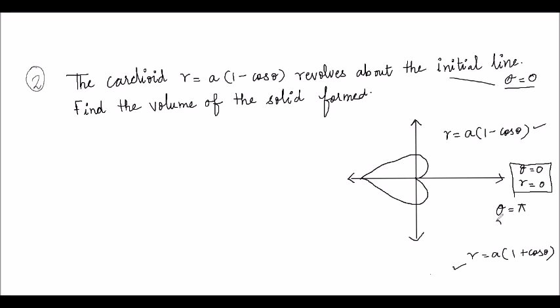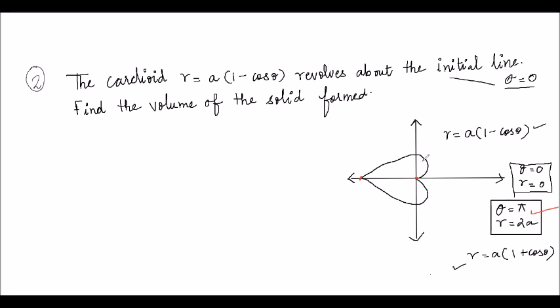In that case, r will be 2a. So if I name these points, at this point theta is 0, r is 0. And at this point here, theta is pi and r is 2a. So we are revolving the area bounded by this cardioid about the initial line.